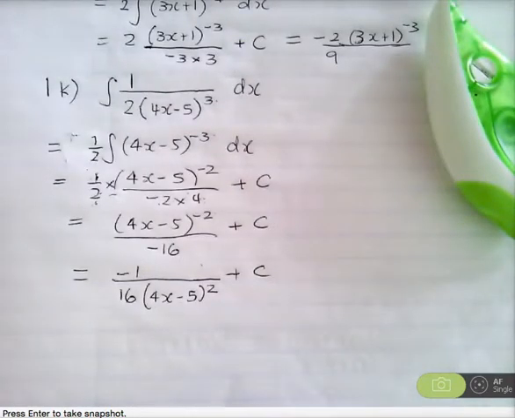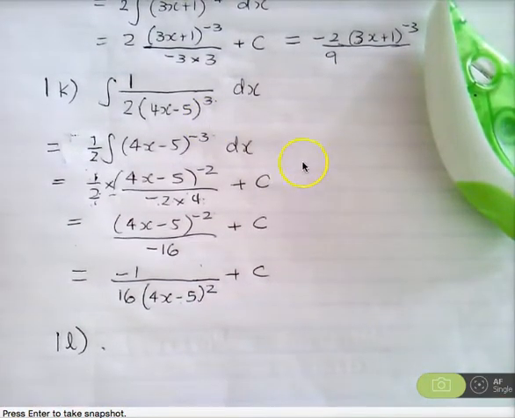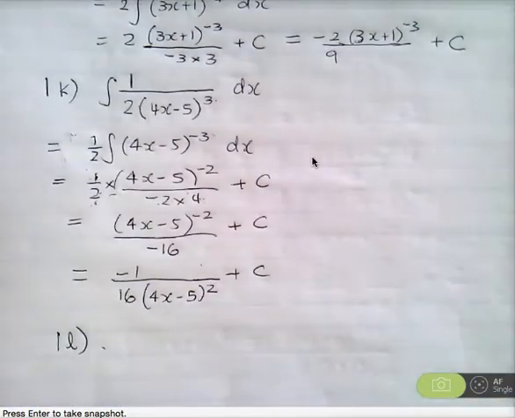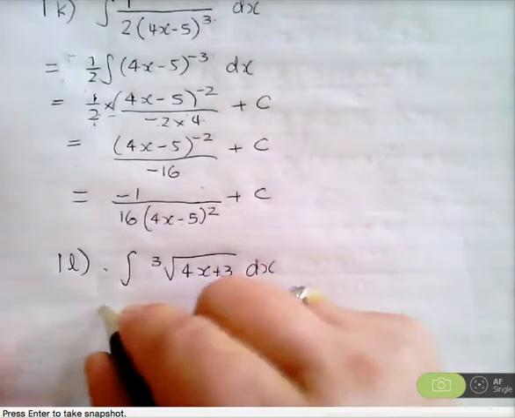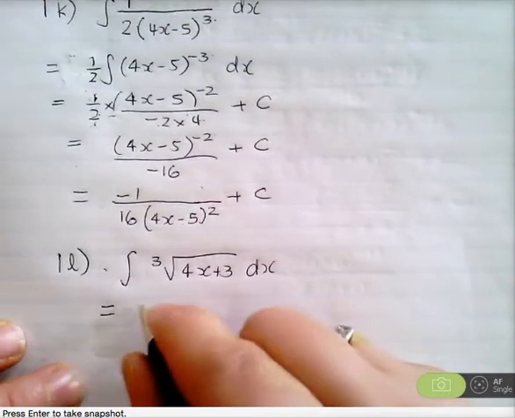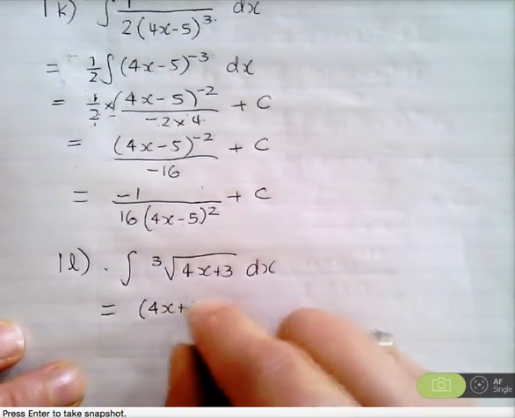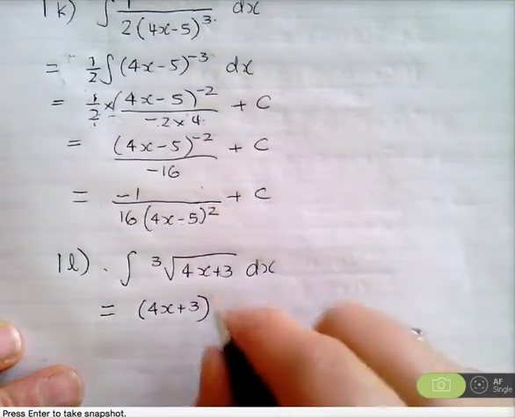The next one I was going to look at was, I think, 1L. I need to pull that question up, or can someone read it out? Okay, this is question 1L. What should I do first? I'm integrating the cubed root of 4x plus 3 dx. I write it in a format that can be integrated. 4x plus 3 to the, that's the cubed root, to the power of what? 1/3.